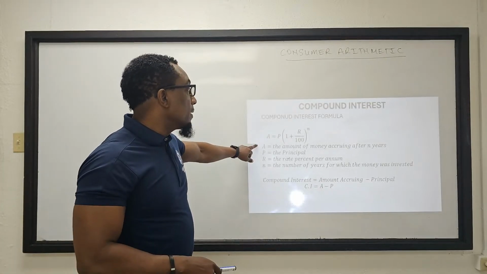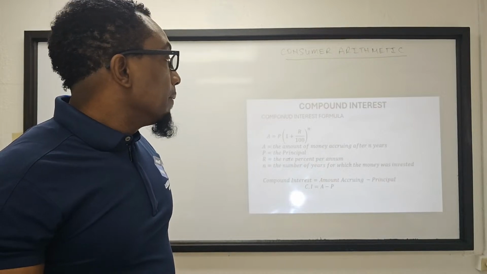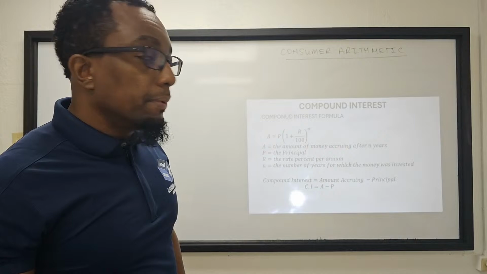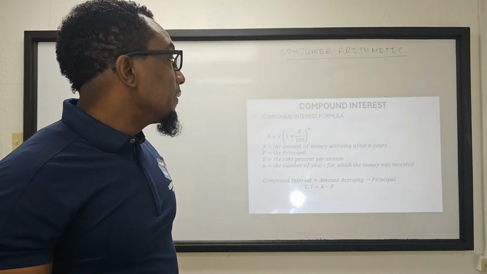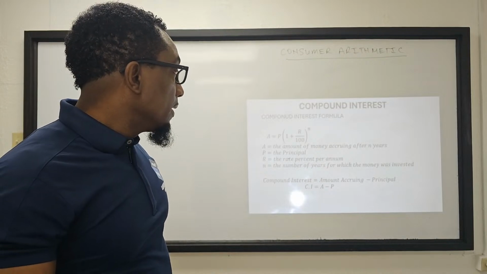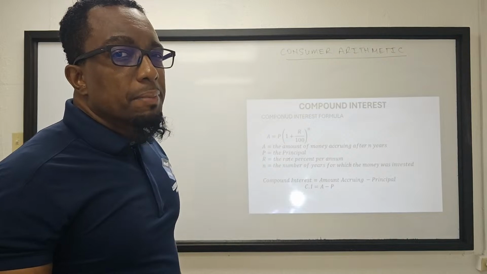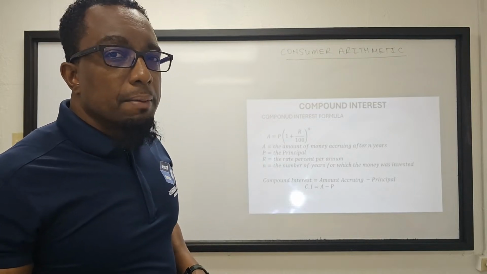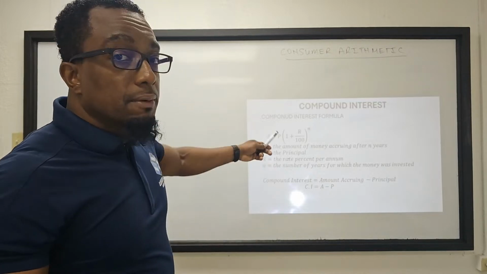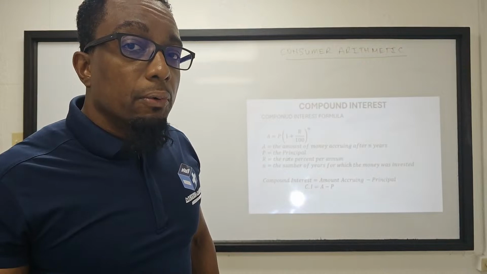A is the amount of money accruing after n years, P is your principal, R is the rate percent per annum, N is the number of years in which the money was invested. If you have to determine the compound interest, we simply subtract the principal from the amount accruing. Very important formula we need to know for compound interest.